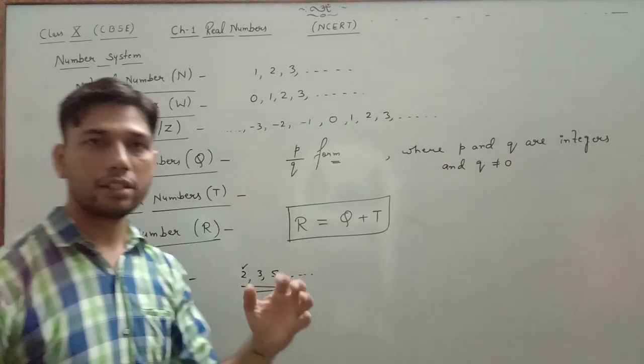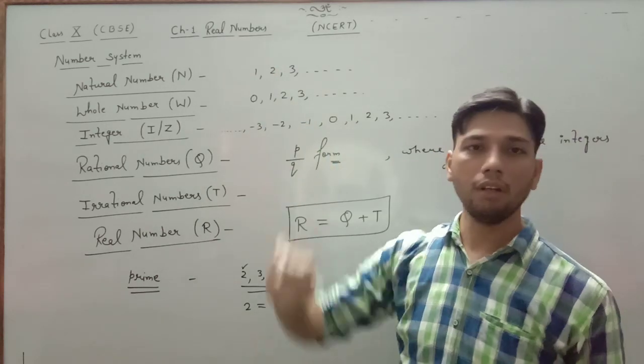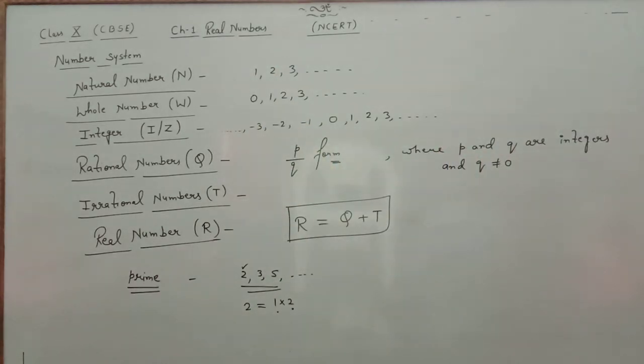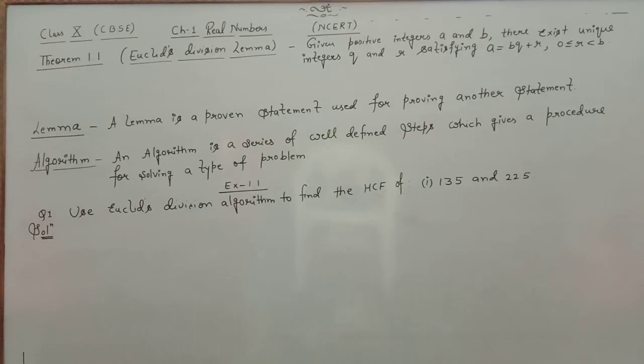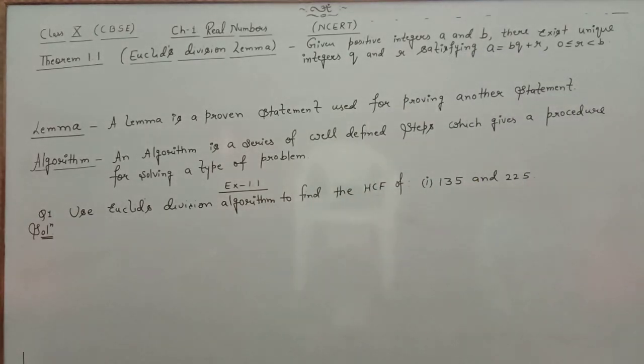Okay, and next we will start chapter 1, Real Numbers, one by one. Topic number 1 is theorem 1.1. The first topic of this chapter is Euclid's division lemma. This is theorem number 1.1. It's very easy.